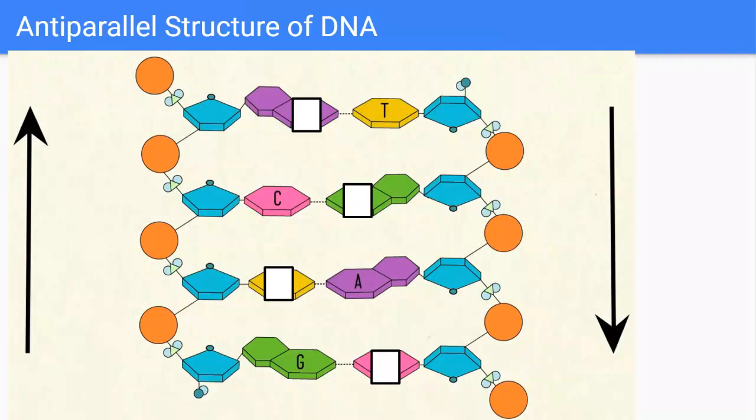It ends up being an important structural thing in DNA, and we call it the anti-parallel structure of DNA. Again, if we look at this sugar, the point goes one direction here and the other here. And again, these are nucleotides that we put together to build that DNA up.